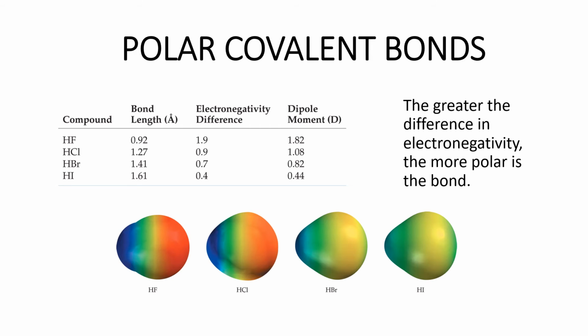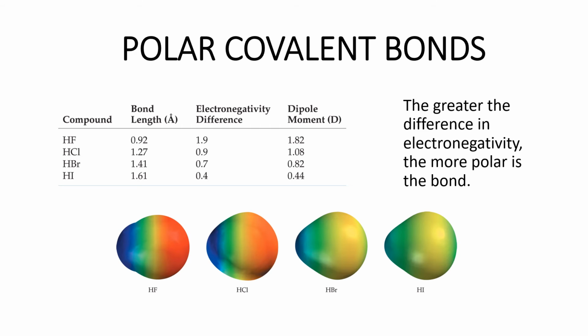That is why hydrogen iodide has a lower dipole moment than hydrogen fluoride. Therefore, if the electronegativity difference between two atoms is high, they can have a high dipole moment.